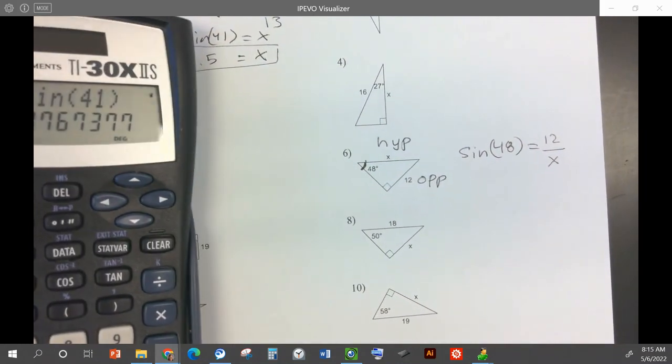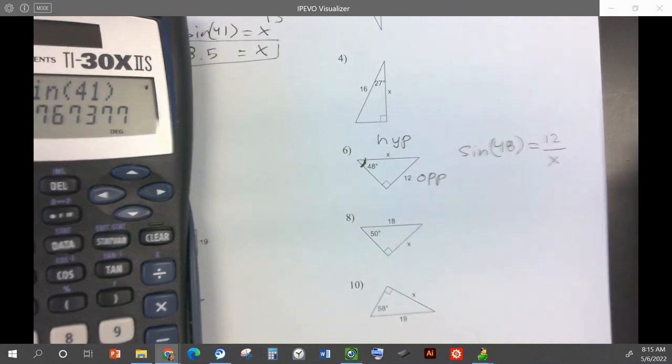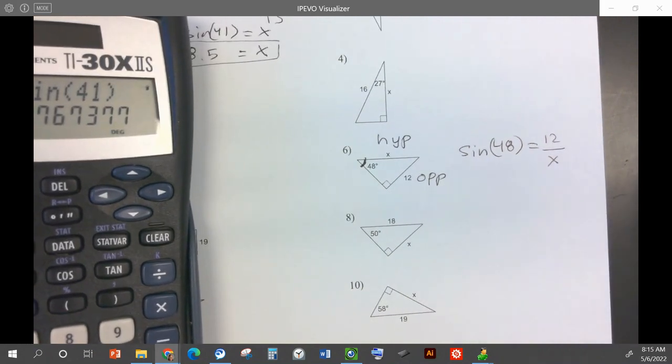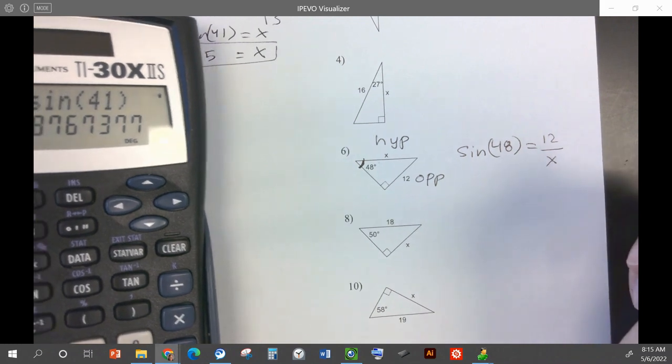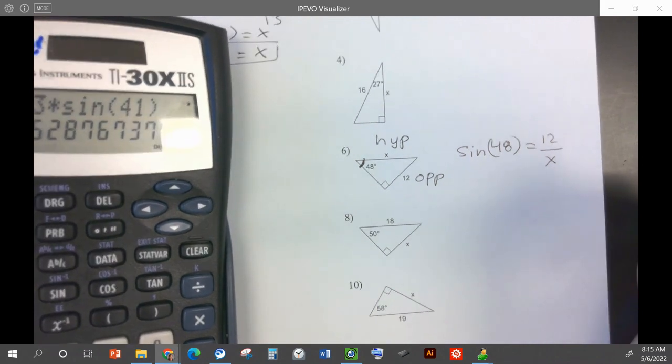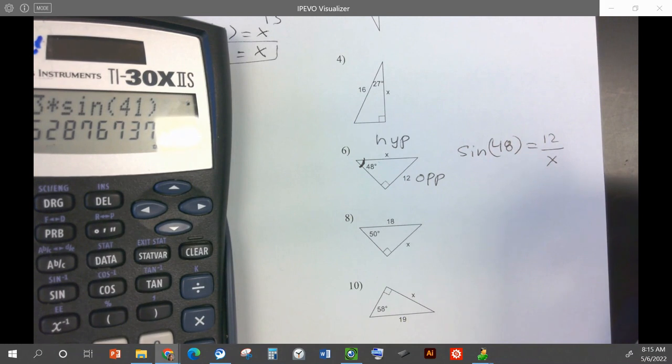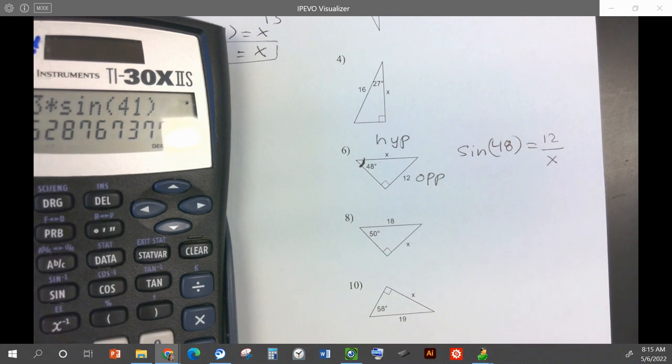What are we going to do now? Now x is on the bottom. What do we need to do? So we're going to try to get x off the bottom.